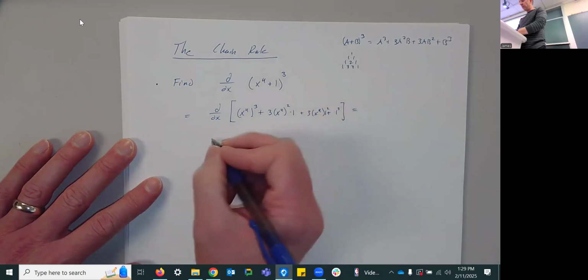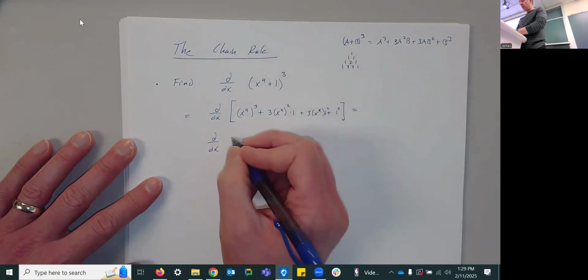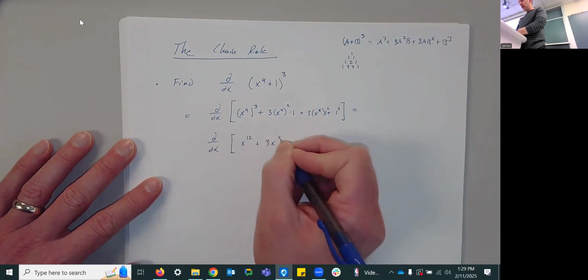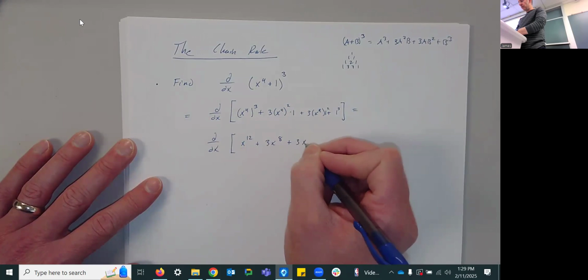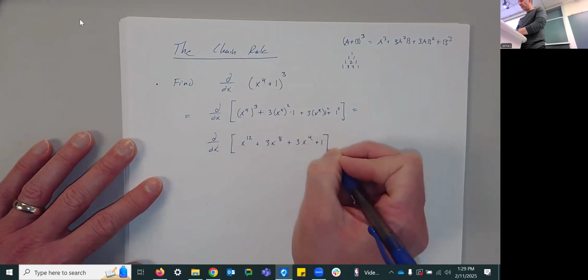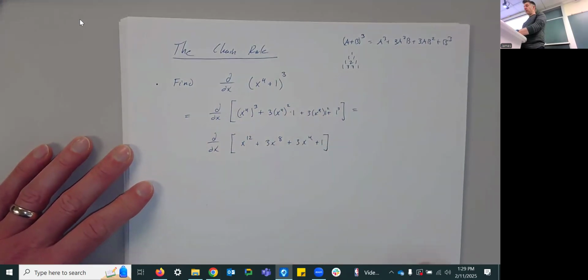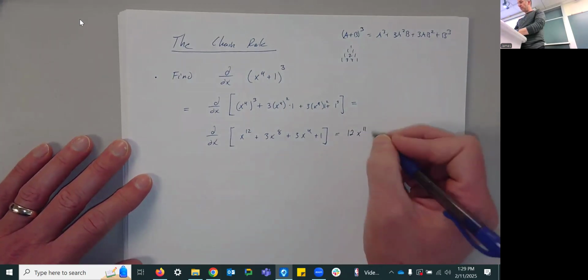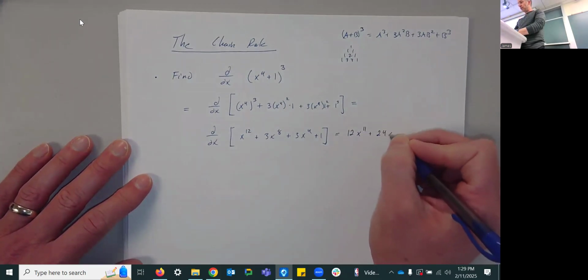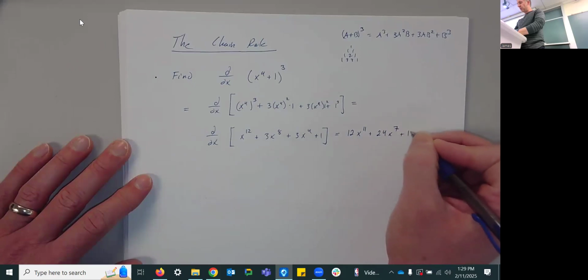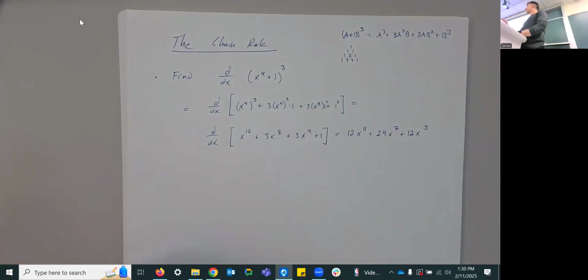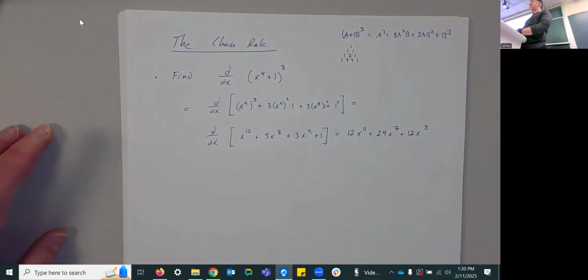Simplifying that one more step before we actually differentiate, we're going to get x to the 12th plus 3 times x to the 8th plus 3 times x to the 4th plus 1. Now we'll take the derivative just using the power rule. We get 12x to the 11th plus 24x to the 7th plus 12x cubed. Normally I would just leave the answer as is, but I want to simplify this a little bit to help us see something important.